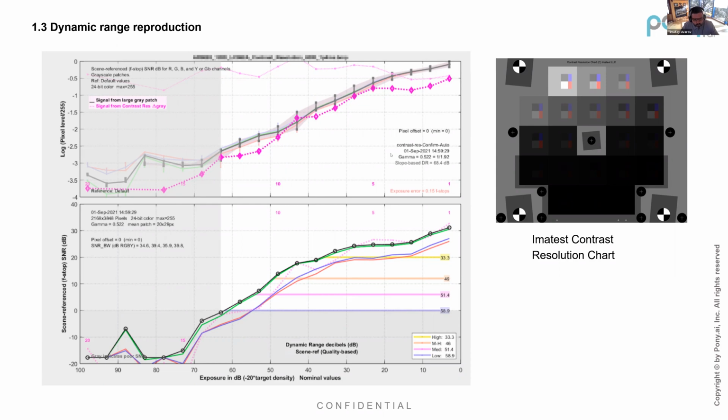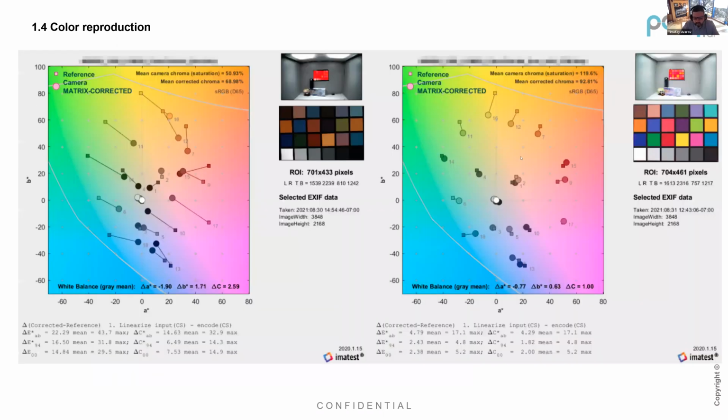Next is color reproduction. Basically, we are exploring RCCB versus RGB here, and we are looking at patches 14 and 15, which are yellow and red. This is before we apply color correction, and this is after we apply color correction. What we don't want to see is this type of pattern, like on the left chart around 15.